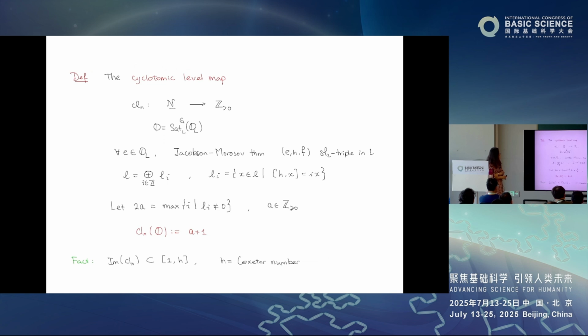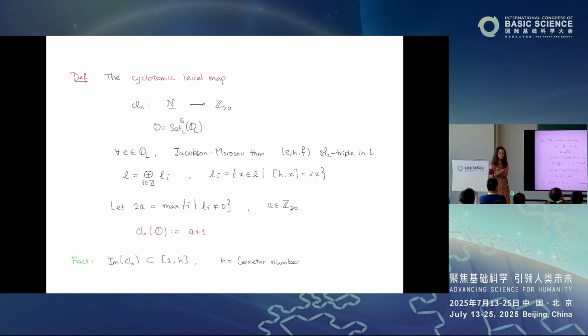Okay, the definition of this cyclotomic level map is not hard to explain. You write your orbit as the saturation, as I said, and then you take a nilpotent element in this distinguished orbit O_L. By the Jacobson-Morozov theorem, you can find an SL2 triple E, H, F in this Levi, and H is the semisimple element.